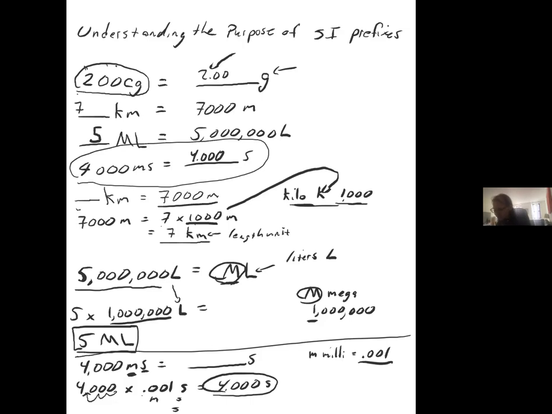So generally the prefix is going to give you a number that's closer to 1. And if it's already a big number with the prefix, then you tend to want to get rid of the prefix just to have the number be closer to 1. So in each of these problems, we were making big numbers into smaller numbers closer to 1. And that's the idea behind the prefix.